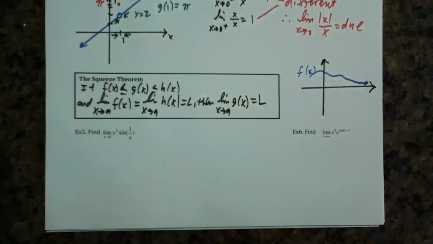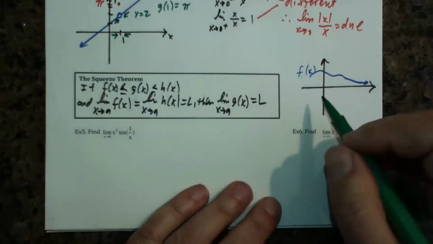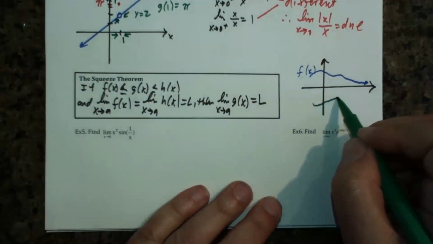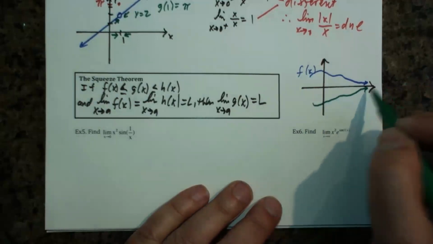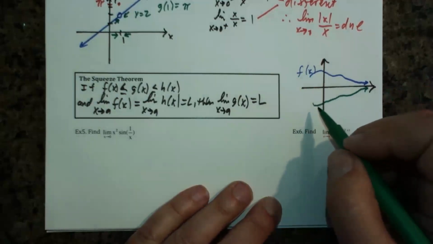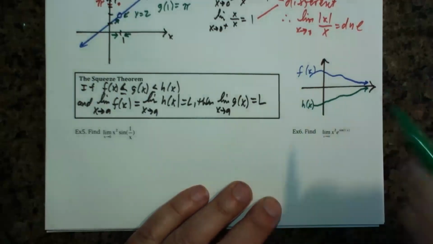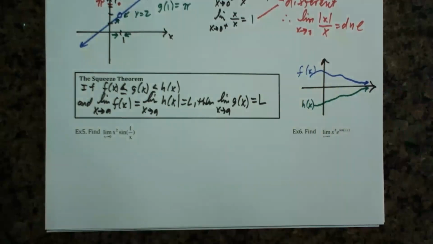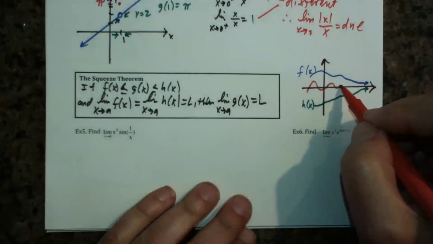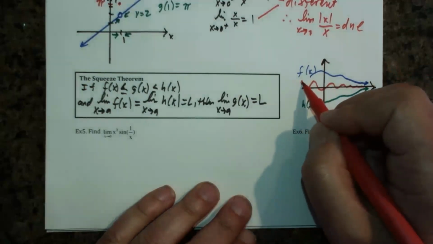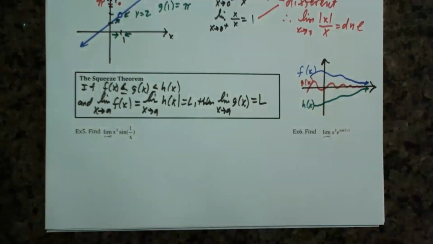You have another function that's always smaller, but is approaching the same limit. And then you have another function that's always in between. Then that red function must have the same limit as the other 2.